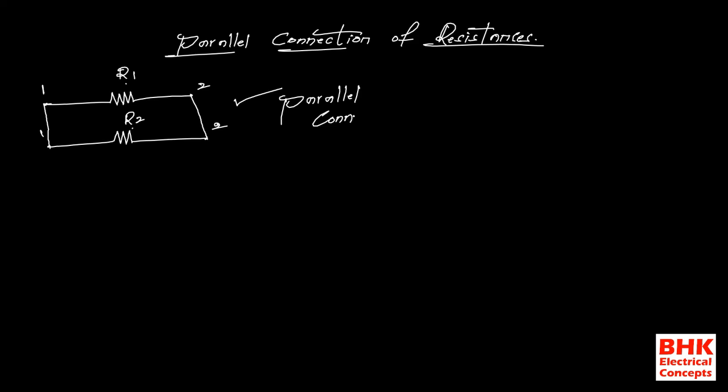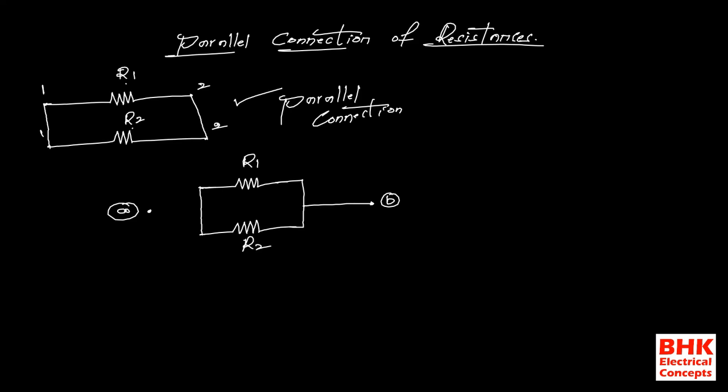Sometimes, for example, this is the point A and this is the point B, and here this is R1 and this one is R2. So the circuit is like this. From this point we have terminal A and terminal B. But just observe the connection.